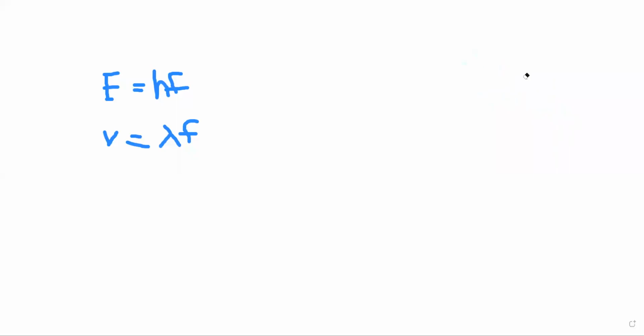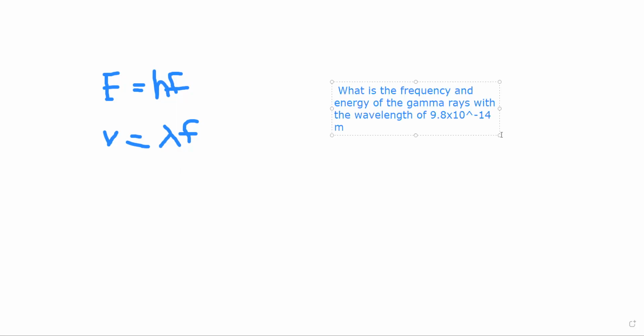What if you are given an equation, a problem solving like this? Are you able to solve this one? What is the energy? Take note, the first thing that you are going to do in answering a question or problem solving is to look first at what is given and what you need to find.